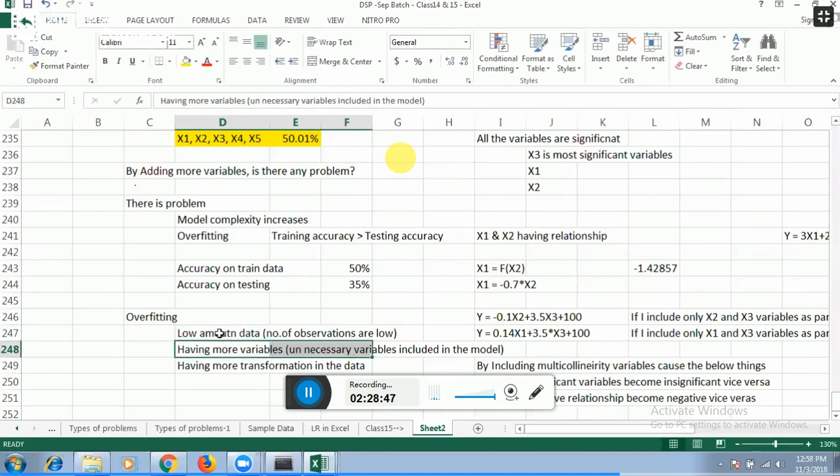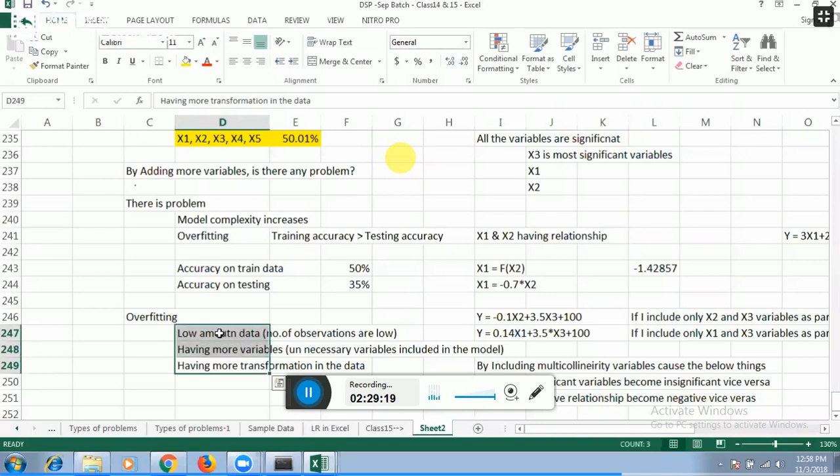Of course, if you have a low amount of data, you can increase the amount of data by adding more observations. And having more transformations is in your control. When you are looking at the y and x, if you see that by improving the linearity relationship of the x variable you are adding some more variables, but by adding that transformation you don't see too much significance, you don't need to include that transformation.